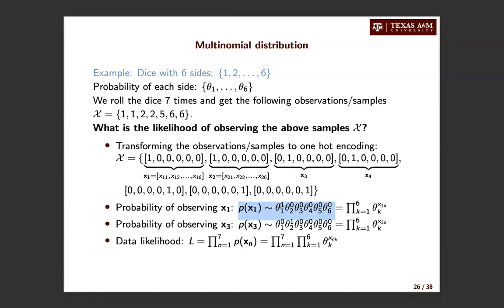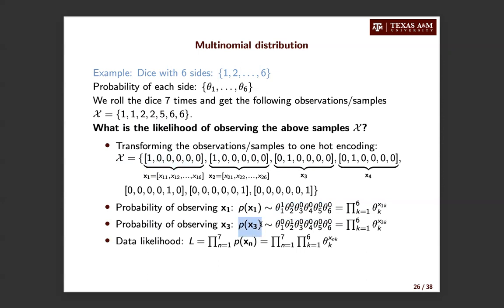In each of these probabilities, the exponent to which each of these thetas is raised is the corresponding element of that vector. So we see that theta 1 is raised to 1, and all the other probabilities are raised to 0. And that mathematically is really convenient.